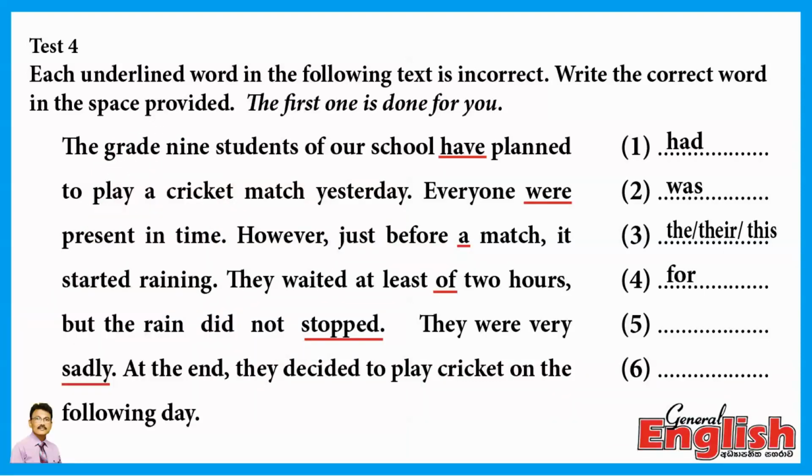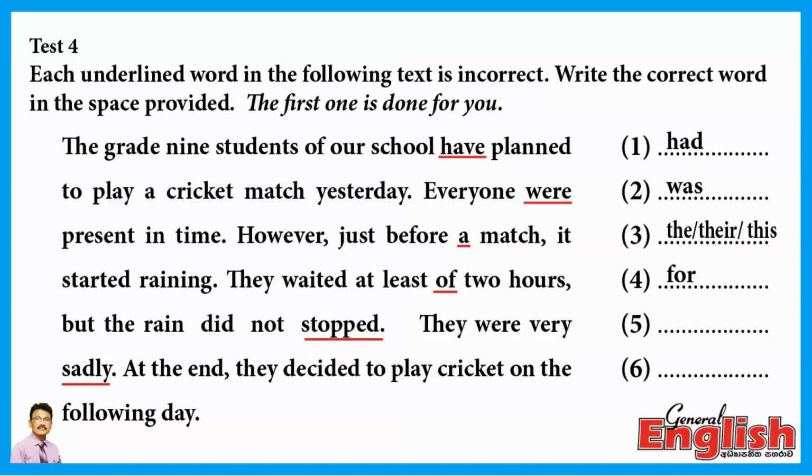Then, but the rain did not stopped. Stopped is the past tense of stop. Did not stopped is wrong. So, stopped is underlined here because it's wrong. Why is it wrong? We never use the past tense form of a verb after didn't, doesn't, don't.